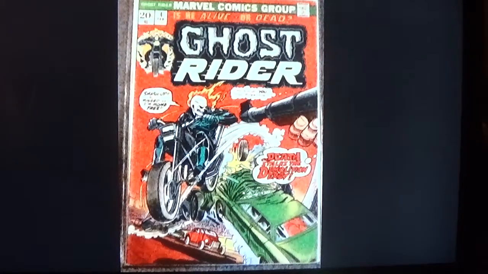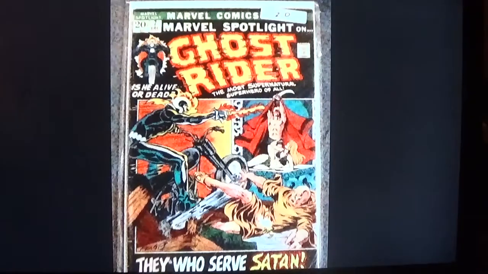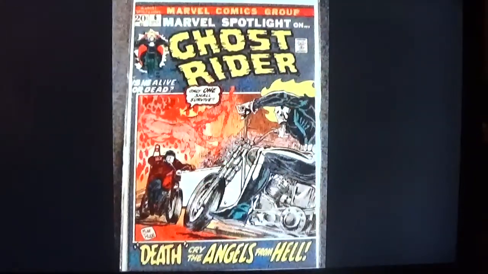He's obviously based off of an Evel Knievel type persona, a stunt cyclist, who was very popular at the time. But his look is what sets him apart. He is the coolest looking superhero, in my opinion, that there is. A guy with a flaming skull riding a motorcycle. You can't get cooler than that.